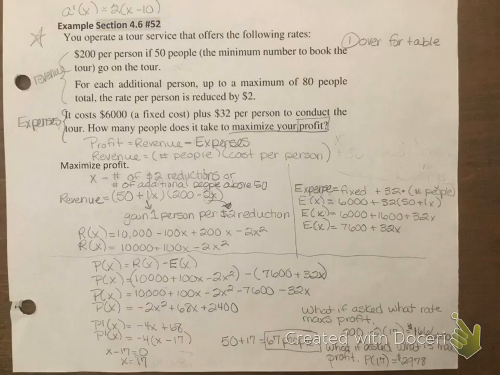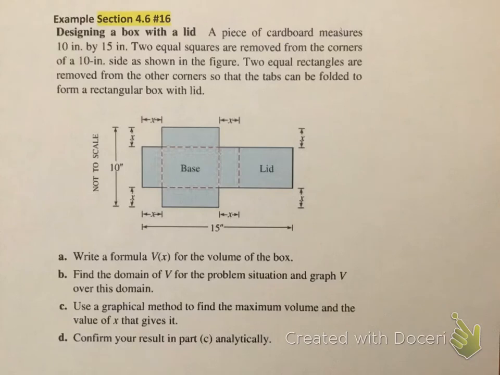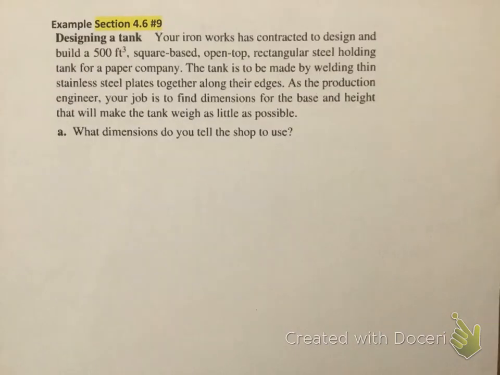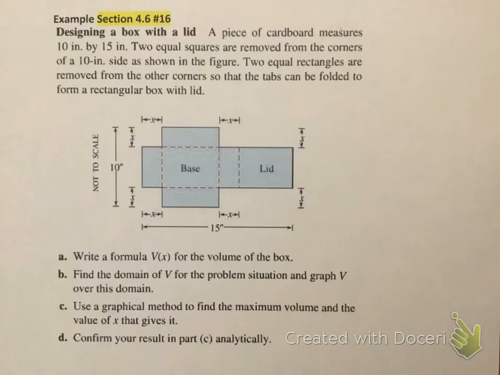Did I skip a problem? Let me look. Yep, I did. All right. We're just going to do this one next because it's next in your notes, and then we'll come back to the other one.